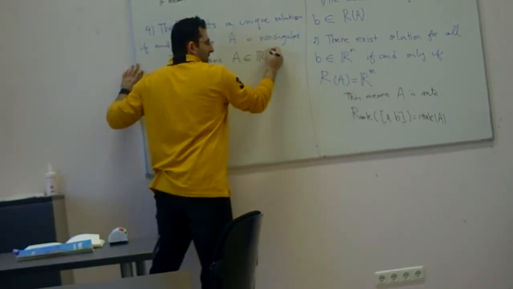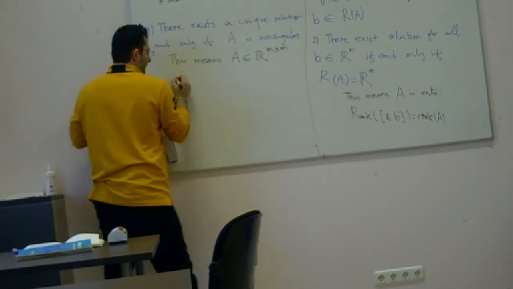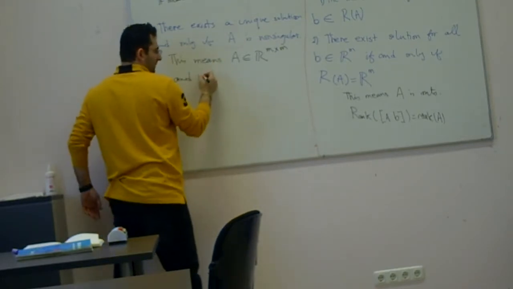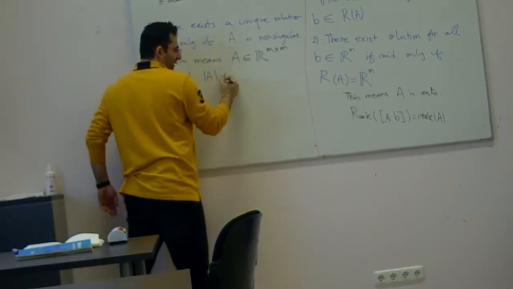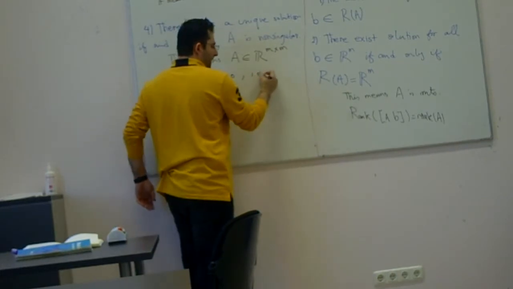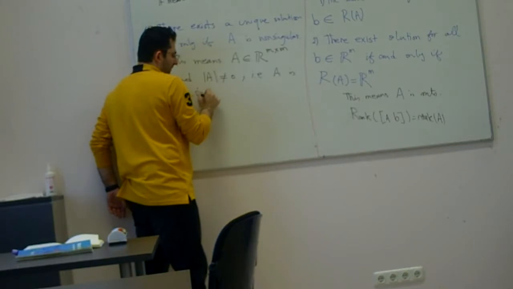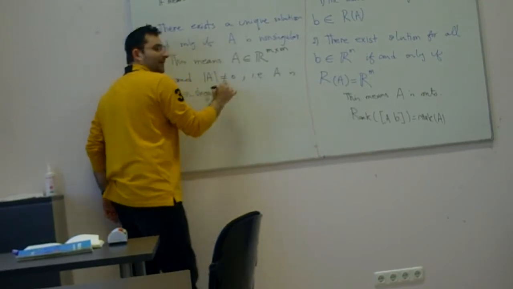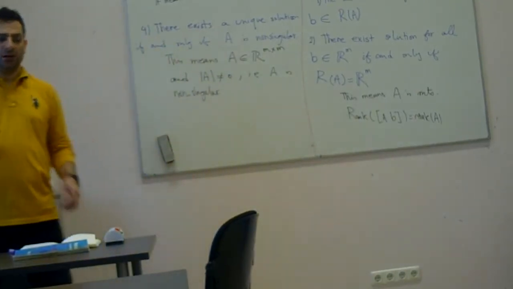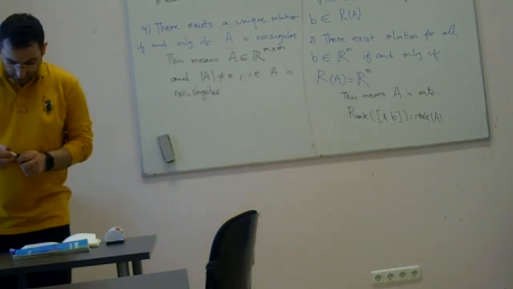A is square and the determinant of A is not 0. A is non-singular. This is like the easy case that we always talk in the undergraduate level.